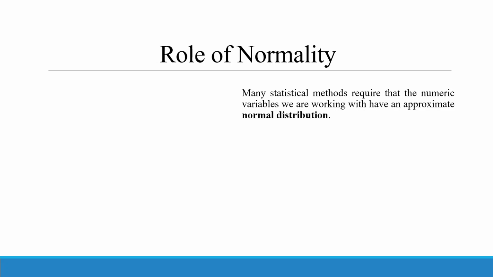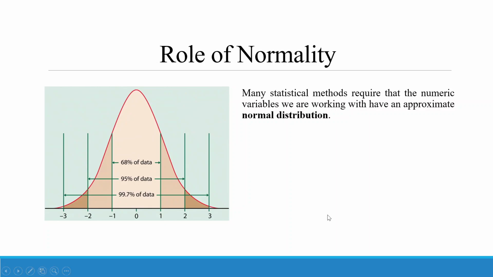Now, what is the role of normality and why is it essential that normality should be present in my data? Many statistical methods require that the numeric variables we are working with should have an approximately normal distribution. This means that if I consider 0 as the mean, and if I take plus or minus 1 standard deviation, 68% of the data is covered.